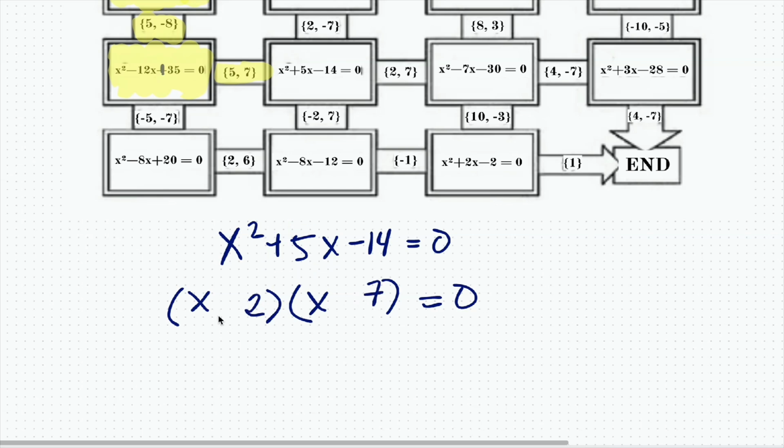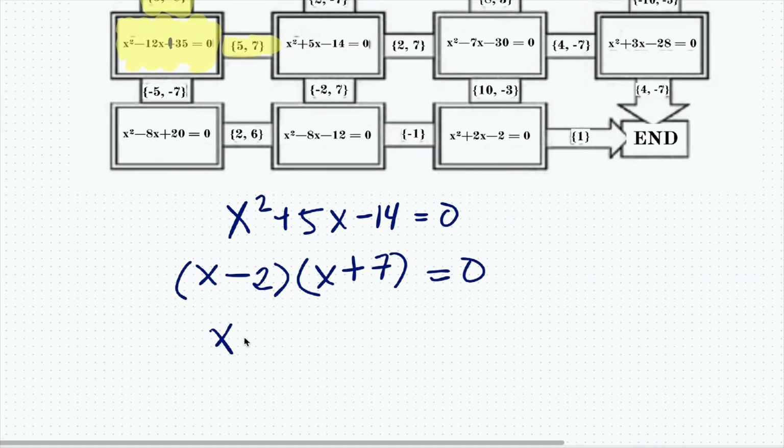But this time one of them must be positive, one of them must be negative. Okay, I think 7 would be the positive one, and 2 is negative.